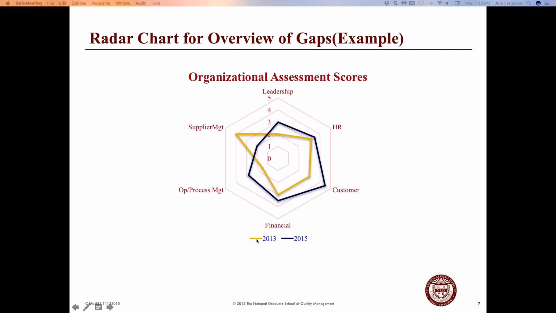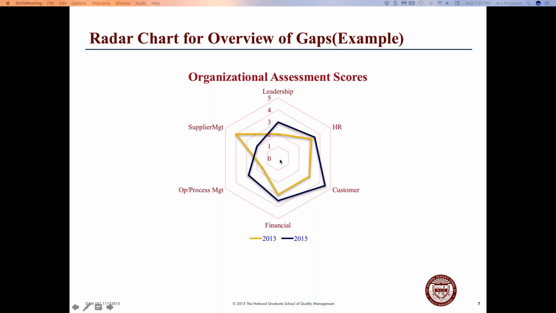So for example, this yellow line is 2013. We don't have the source information, but we're just going to assume that they're doing some kind of an analysis every year that evaluates the capabilities of the organization in these areas that are listed. So for example, in leadership, in 2013, whatever tool they were using awarded a score of 2, 0 being the center and 5 being the exterior.